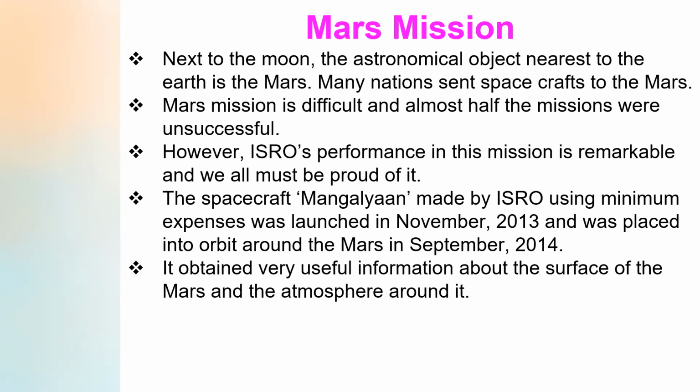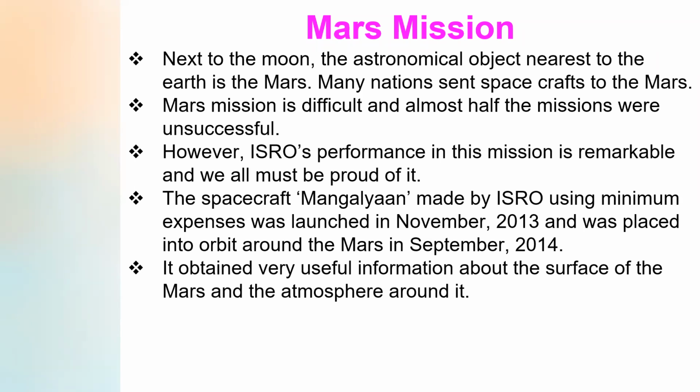In 2013, in the month of November, and it was placed into orbit around Mars in September 2014. So students, for almost a year, this Mangalyaan was in the orbit of Mars and was giving information about Mars till September 2014.